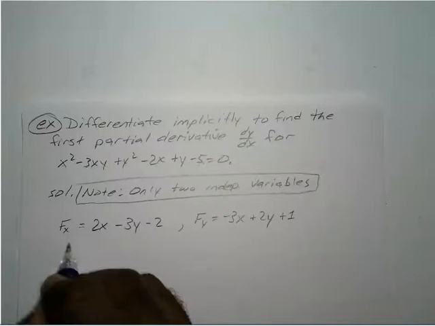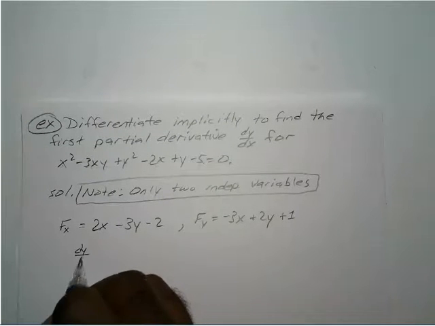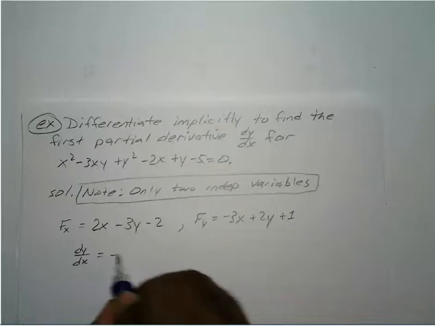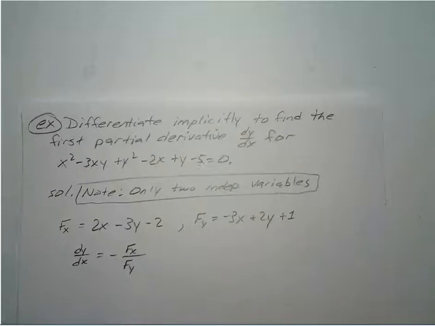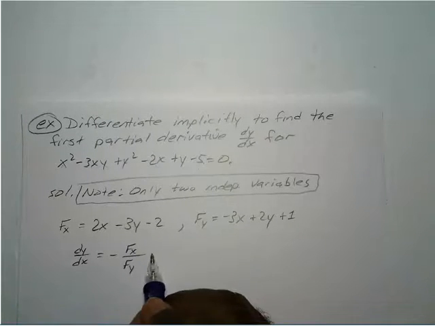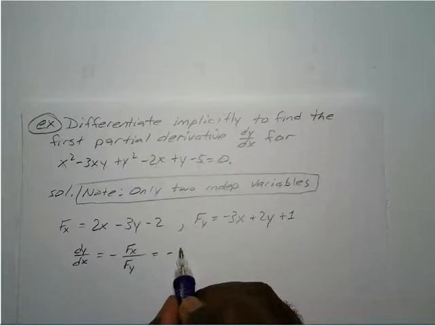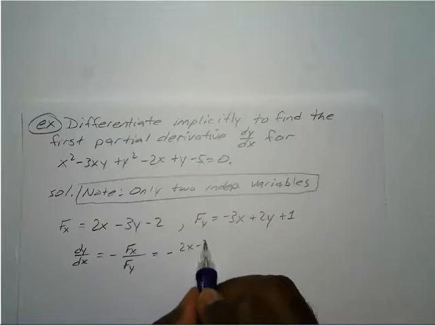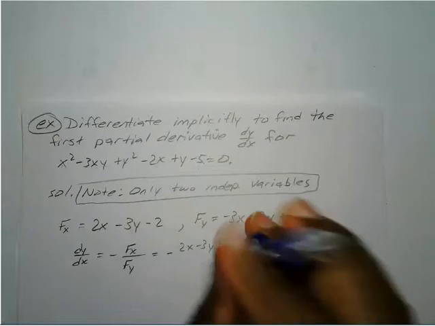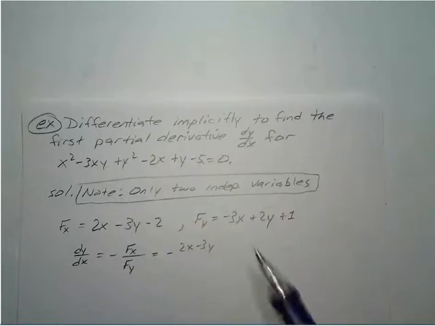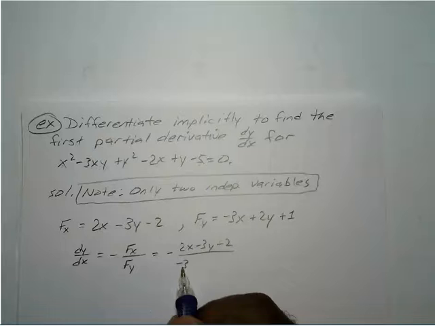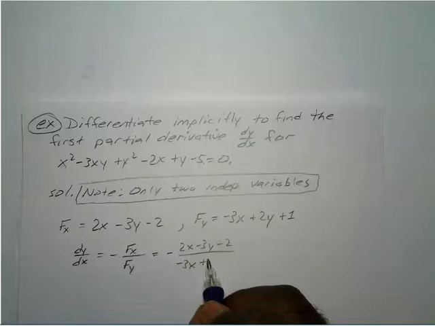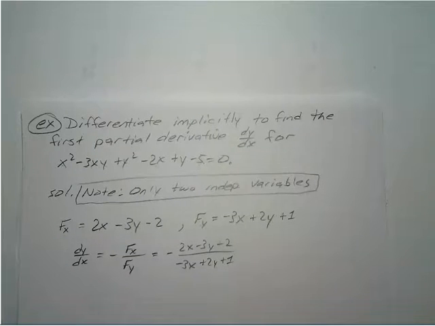Okay, so now our dy/dx is equal to negative partial with respect to x over partial with respect to y, which will equal negative 2x minus 3y minus 2 over negative 3x plus 2y plus 1.